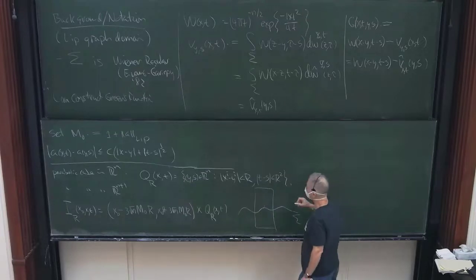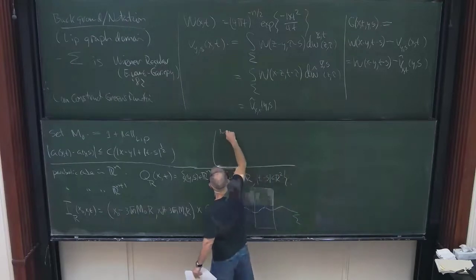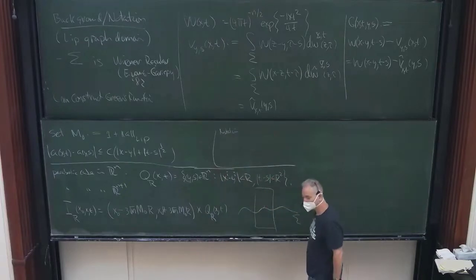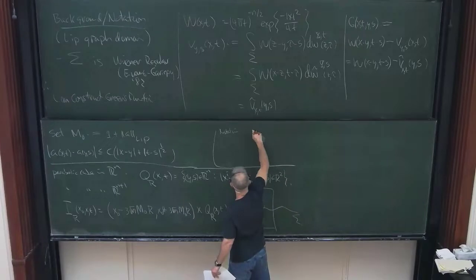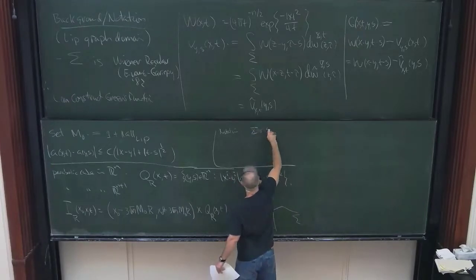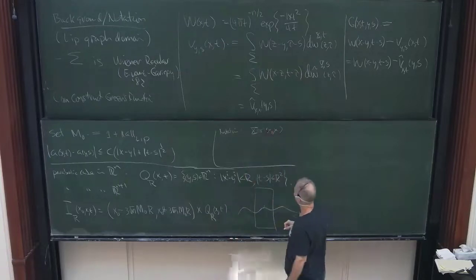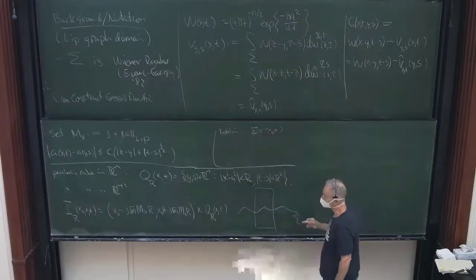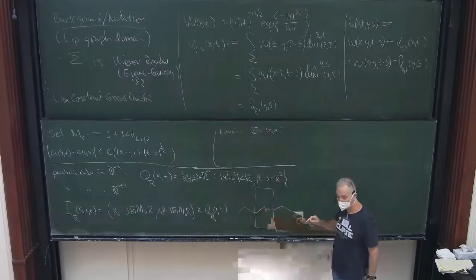Okay, and some other notation. Maybe I'll put that here. I hope this doesn't get too illegible on the blackboard. I'm going to use capital X to denote x naught x. So lowercase x will be a spatial variable in n minus 1 dimensions.